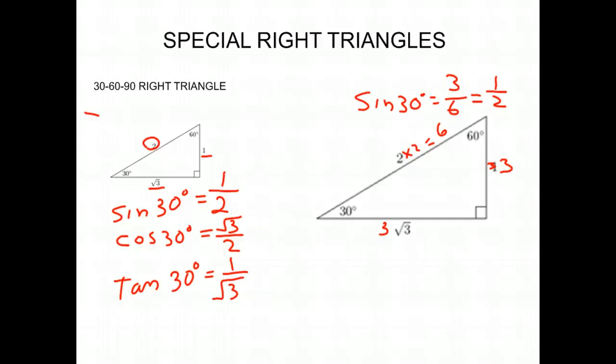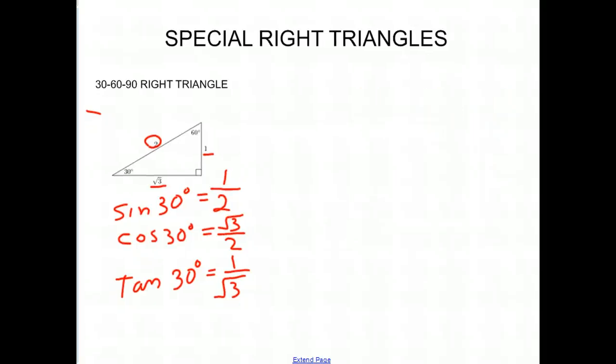Now let's deal with it for the 60-degree angle. The sine of the 60-degree angle is equal to the opposite side, which is the square root of 3, over the hypotenuse 2.